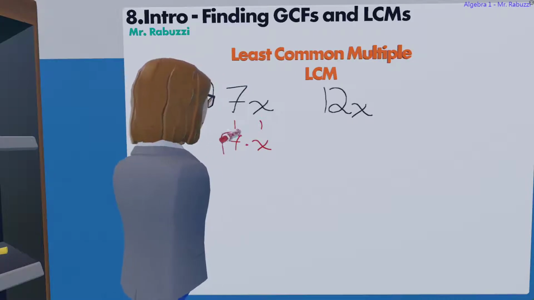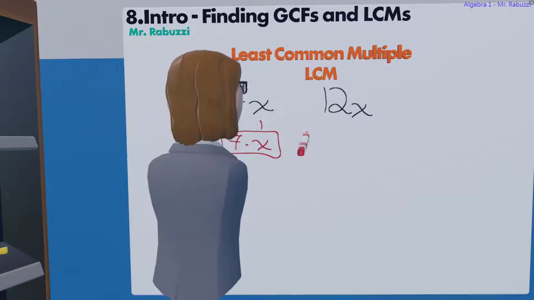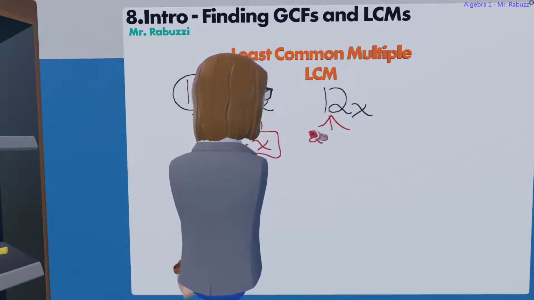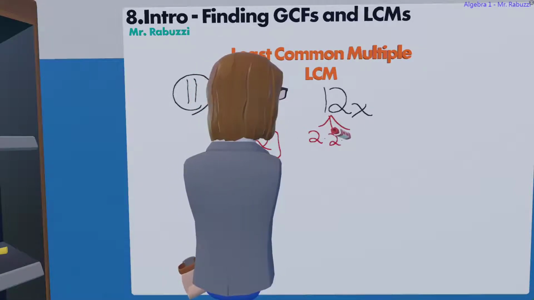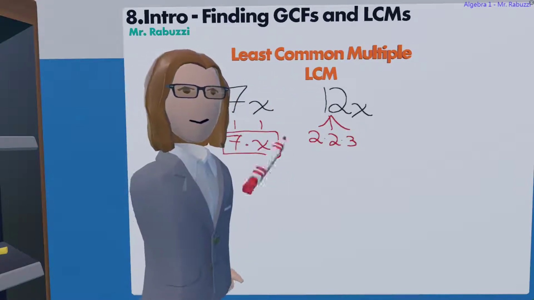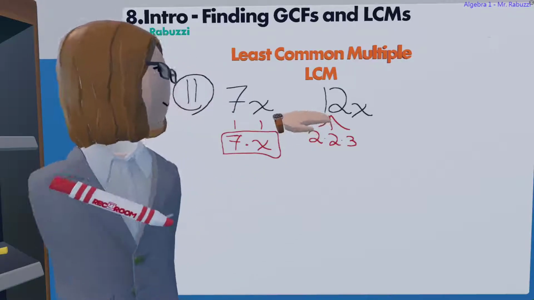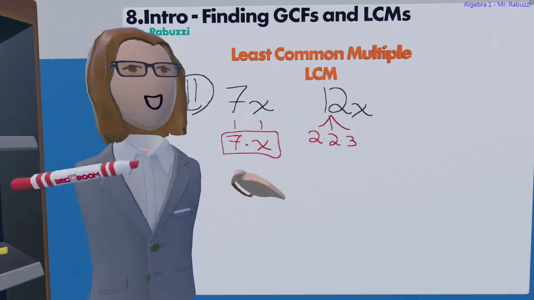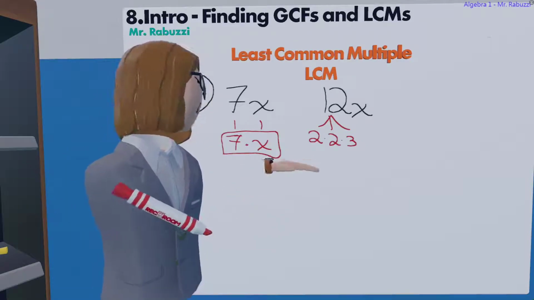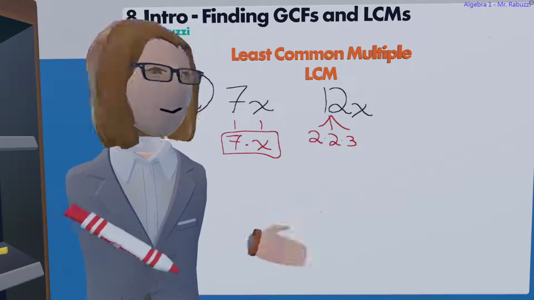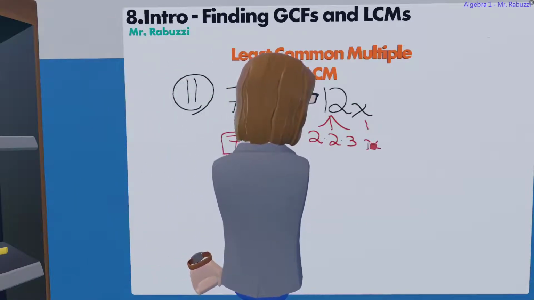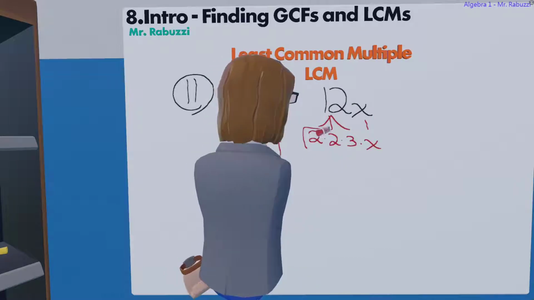All right, well, that's nice and easy. 12, I know I can split that into 2 times 2 times 3. It's good to memorize some of the smaller numbers' prime factors, right? Every time I see 12, I don't have to sit there and think 2 times 6, and then 6 is 2 times 3, so it's 2, 2, and 3. I just memorized it. And the x, which is already factored. Finished.